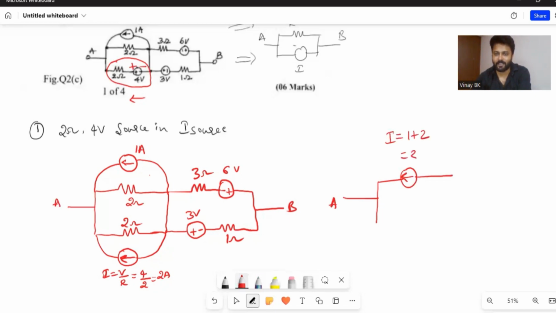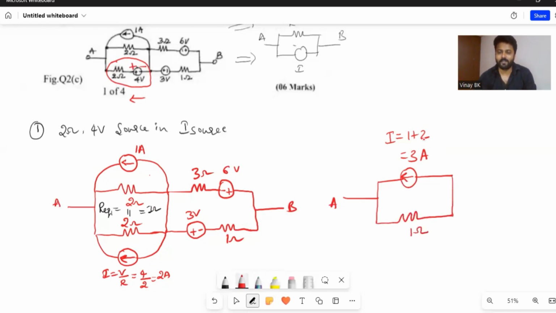That is nothing but 3 amperes. The direction is from B to A. And again here I will consider R equivalent 1. So this R equivalent 1, I will write it here itself. R equivalent 1, that is nothing but 2 parallel to 2, we'll get 1 ohm. So that 1 ohm is parallel to the 3 ampere current source.